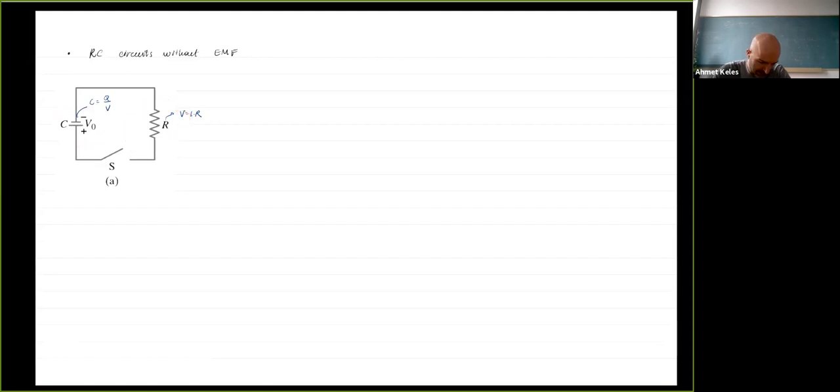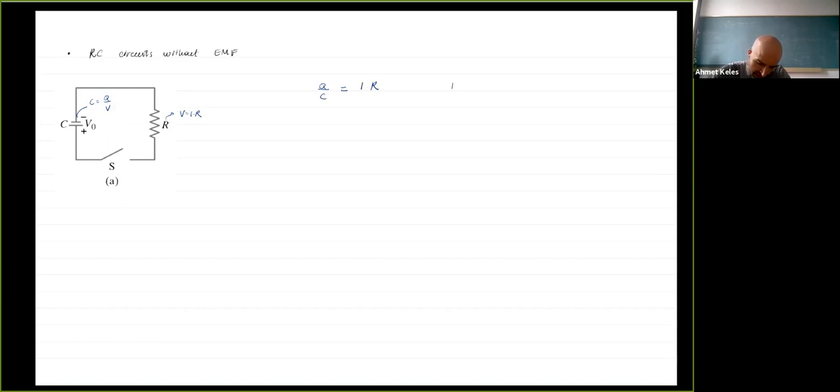So the potential difference for the capacitor is equal to Q over C. This should be equal to the potential difference across the resistor, but the resistor potential difference is determined by the current passing through the resistor. So that's I times R.